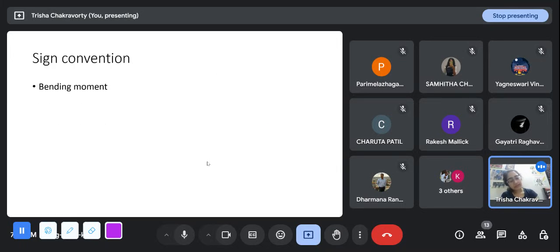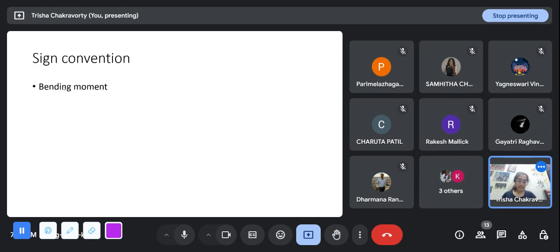Now the sign convention is very important here. When we are looking at equilibrium equations, the sign convention is much easier to grasp. It's much easier to visualize. Suppose I'm doing the equation sigma Fy equal to 0, we can take that forces pointing upwards are positive, forces pointing downwards are negative. So we algebraically put all of those forces when summing them up and equate them to 0.